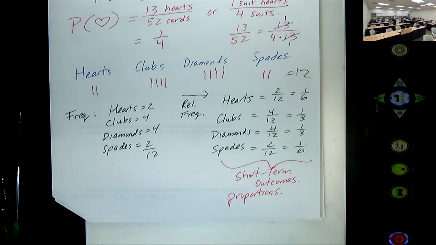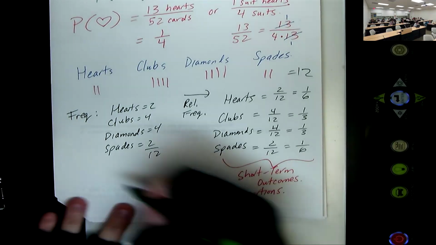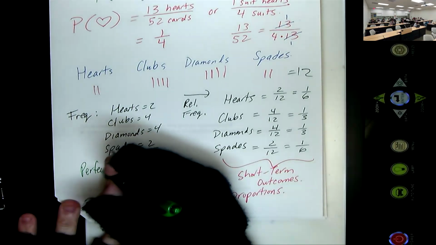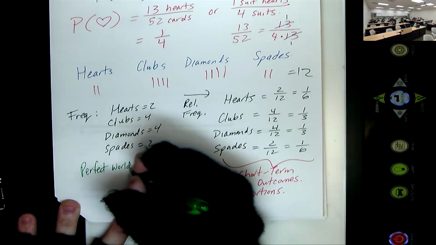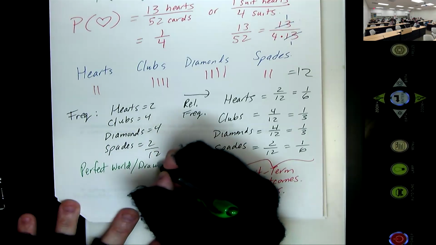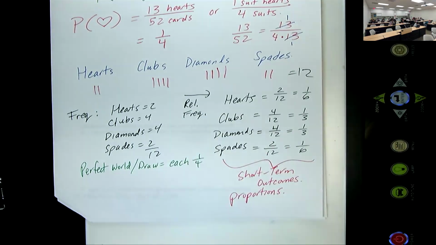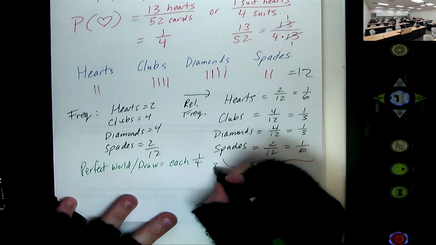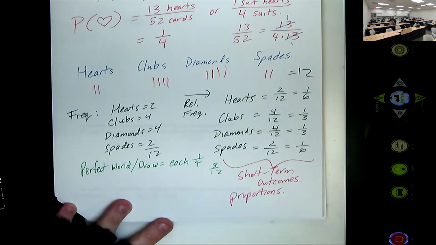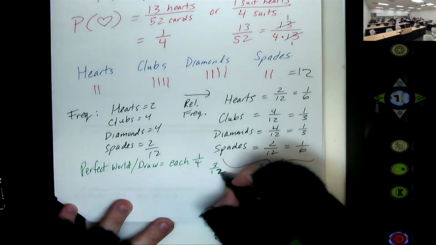If things were good, and I was just tracking suits, in a perfect world, or perfect draw, they are each 1/4. I would have gotten 3/12 on each of them. But I didn't.